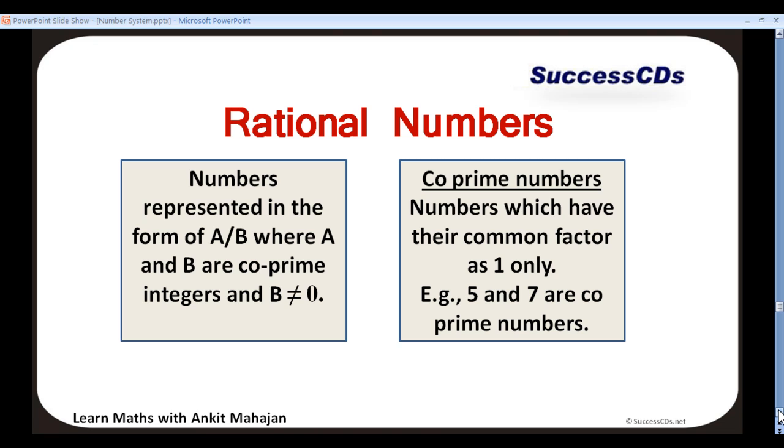The numbers which have their common factor as 1 only are called co-prime numbers. For example, 5 and 7 are co-prime numbers. Why? Because their common factor is only 1. These numbers are denoted by capital Q.